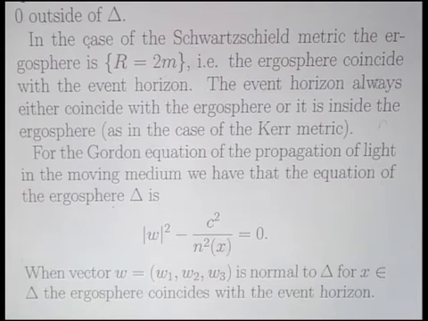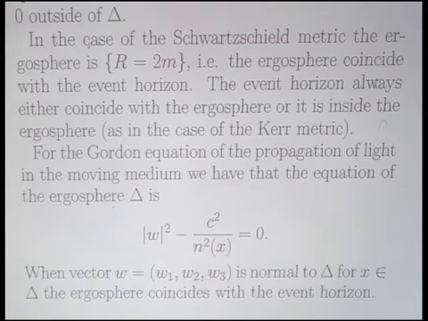In general, the event horizon is inside the ergosphere or coincides with it. For example, for the Gordon equation, I failed to mention that this is the case of propagation of light.